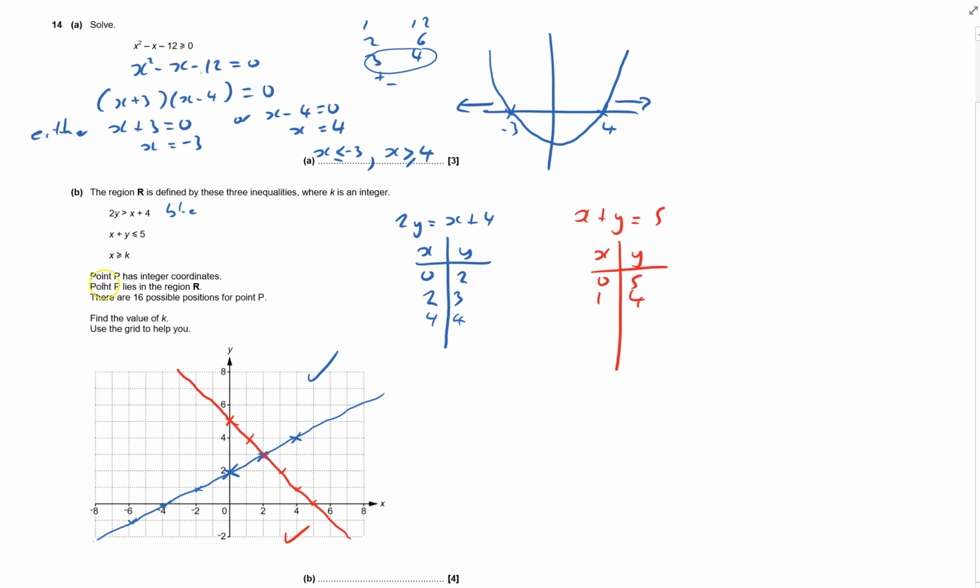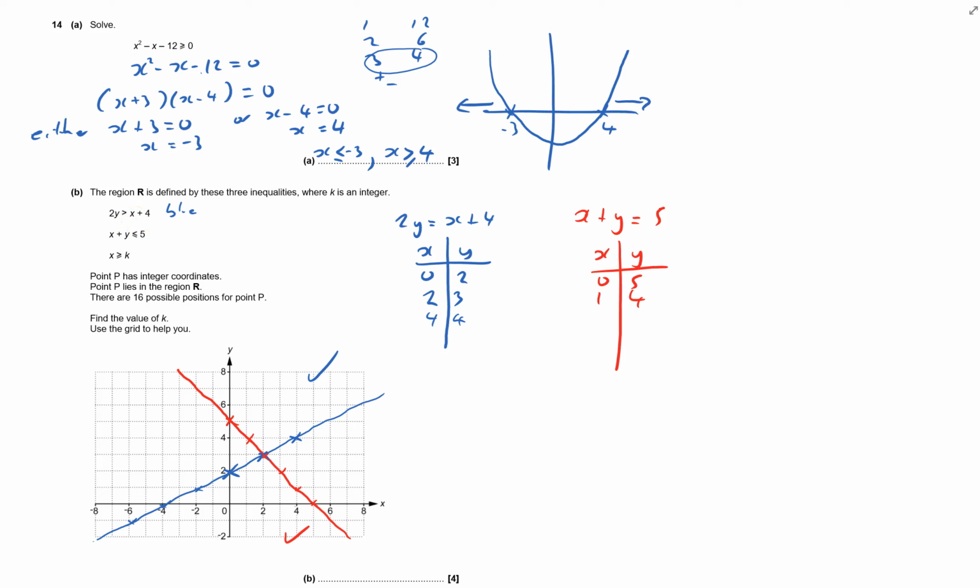And it says the point P has integer coordinates. Point P lies in the region R, and there's 16 possibilities for the point P. So if I do those in green, it could be these are all or 2y is greater than x plus 4.